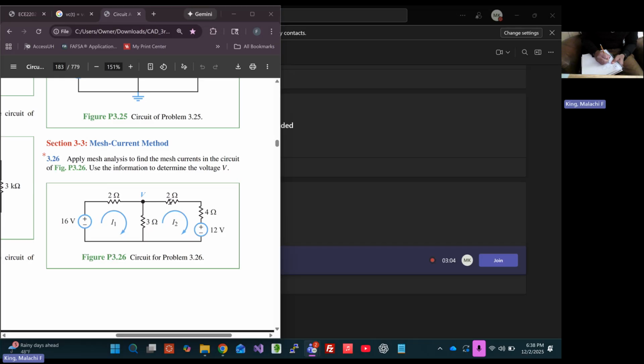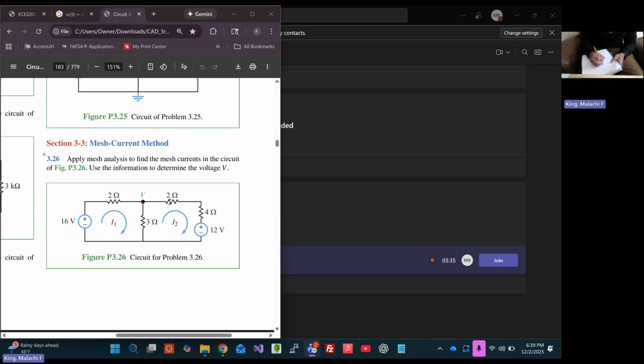So for I1, it's negative 16 volts using the active sign convention. And then each resistor, you start at positive and go to negative. So it'd be plus 2 ohms times, and then we're using this imaginary current that's flowing through this loop. So this is just I1 because there's no meddling with I2.